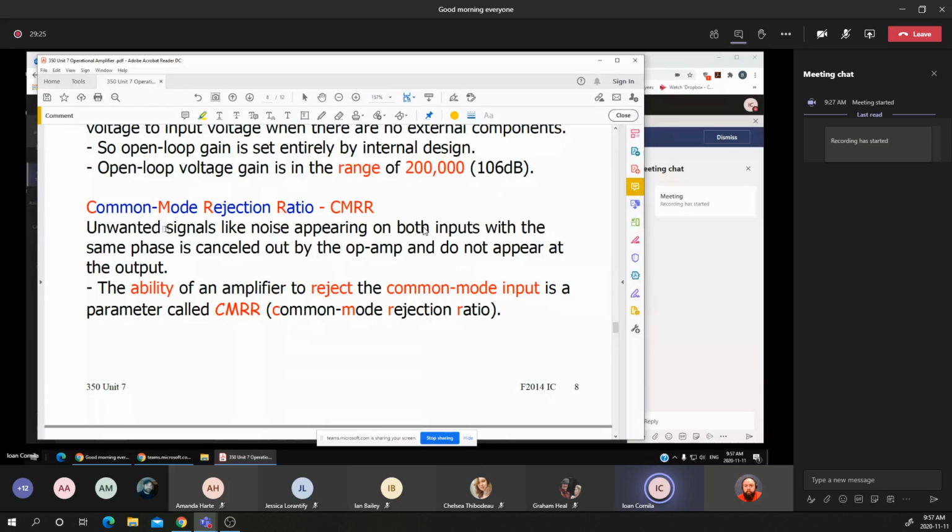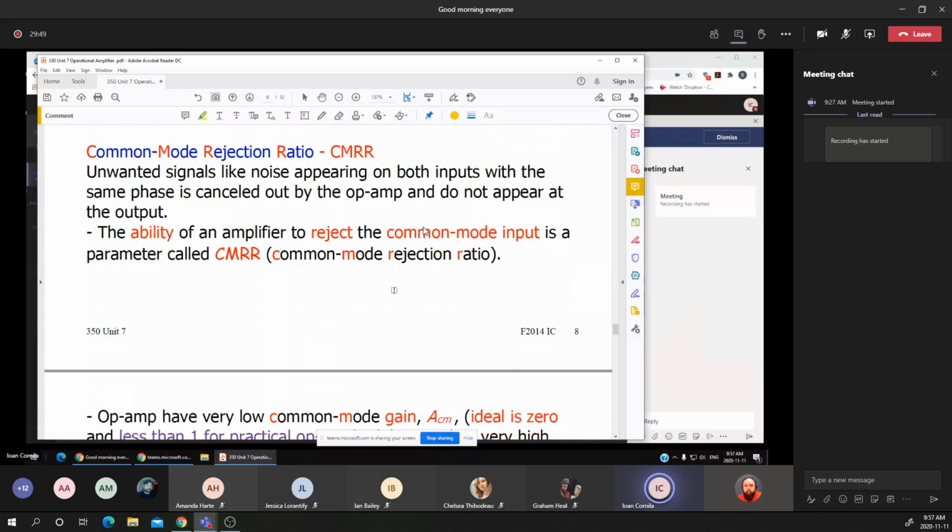We want to use the amplifier to amplify just the useful signal, not the unwanted signal or the background noise, or the white noise, sometimes called in electronics. It is the unwanted signal that the amplifier has to reject. And that's the parameter of an operational amplifier that will reject. It will actually nullify or cancel the amplification or the gain for the common mode input voltage.